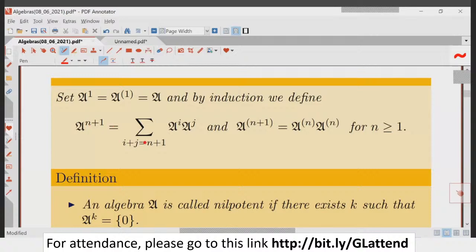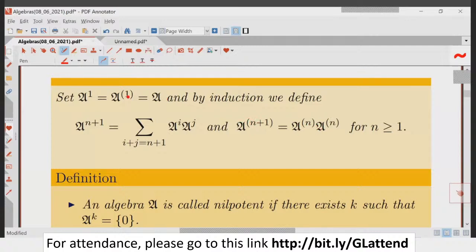A^(n+1) is the span of the summation of A^i times A^j, because I can multiply A by itself i times and j times, and I take the span of this subset of A. So that is what I denote A^(n+1). For 1 we get A. For 2, 1 times 1 is 2. If it is 2, then 3 is A^2 times A^2.